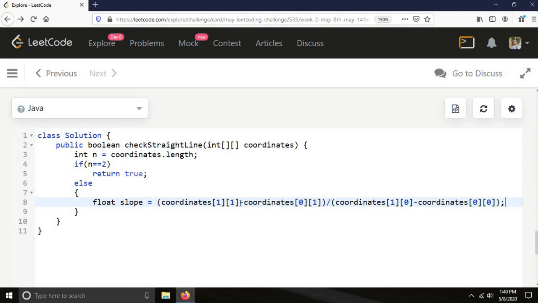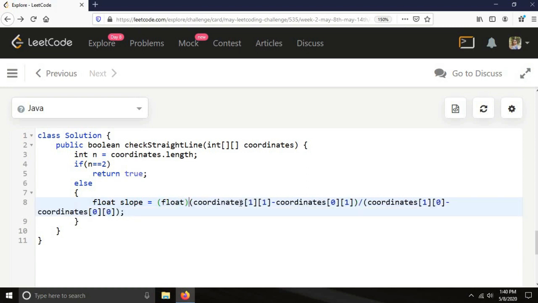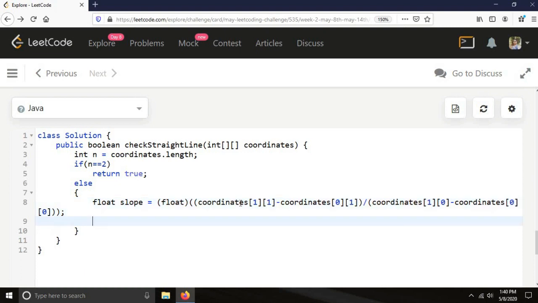So we have calculated the initial slope, and one very important thing will be type conversion, float, otherwise it will be an error. Okay, so we have converted it into float and then stored in a float variable slope.